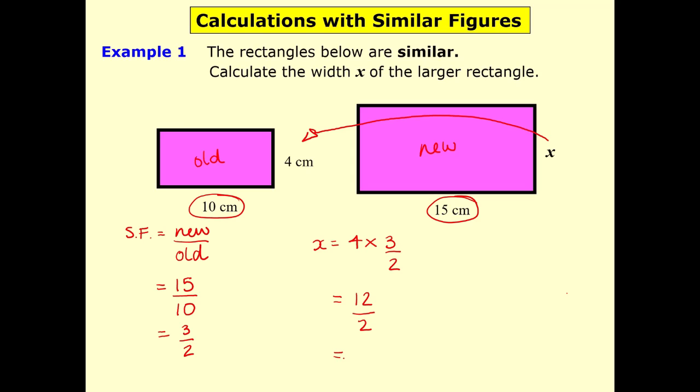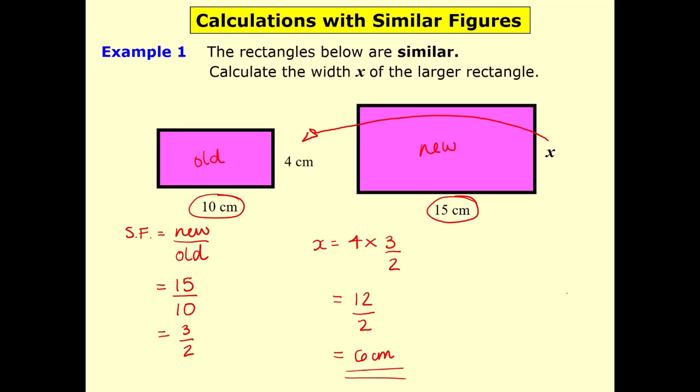And again, using your knowledge of fractions, that equals 6 centimetres. Always remember your units on the end as well. Just to let you know, this could be a non-calculator or a calculator question, in which case just use your calculator. This was fairly straightforward that we could manage without.